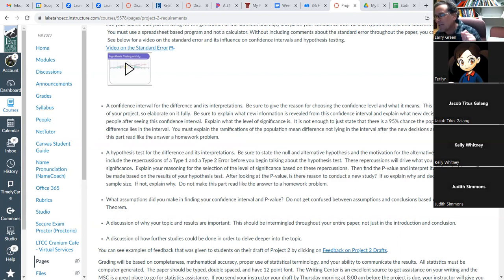And for your client, which of the 3 is the best based on the pros and cons? And what decisions will the client make based on the lower bound of the confidence interval and based on the upper bound of the confidence interval? Just like project 1, throughout the whole paper, you're going to be talking about the decisions the client will make. Any questions on that?